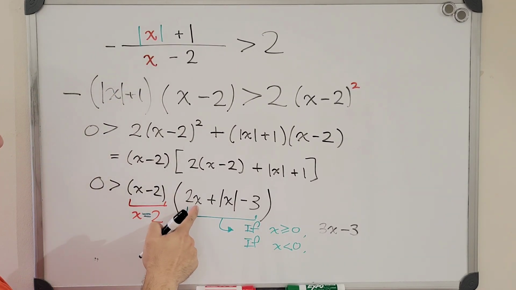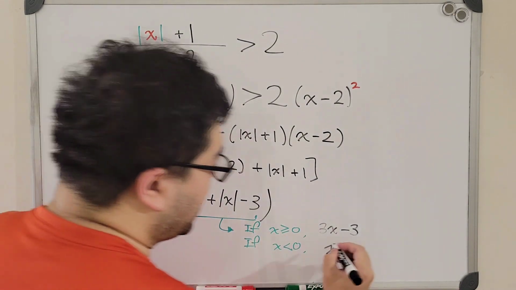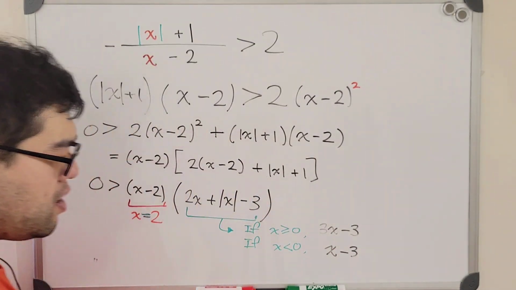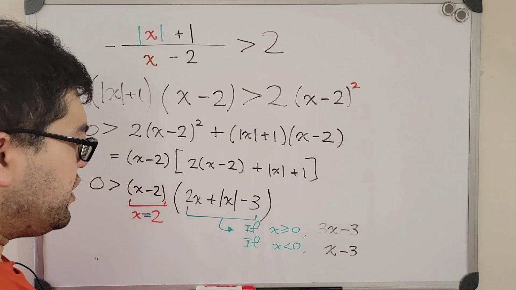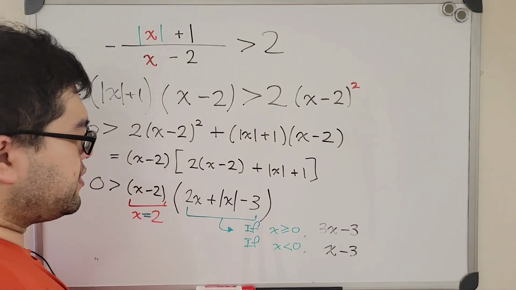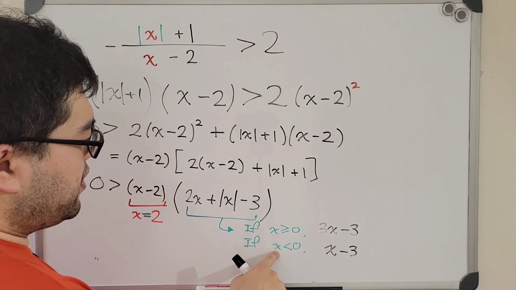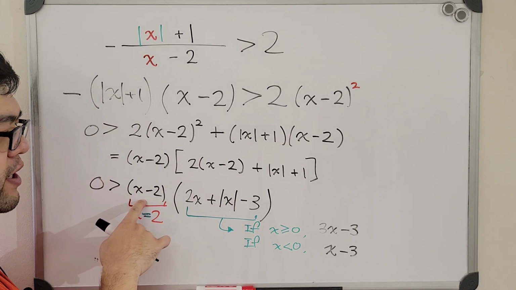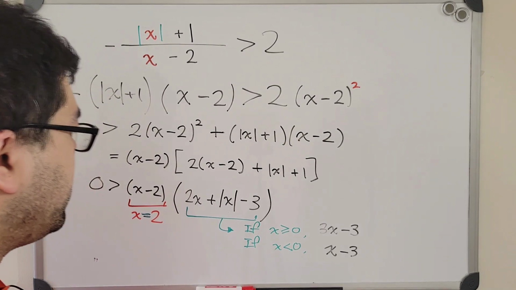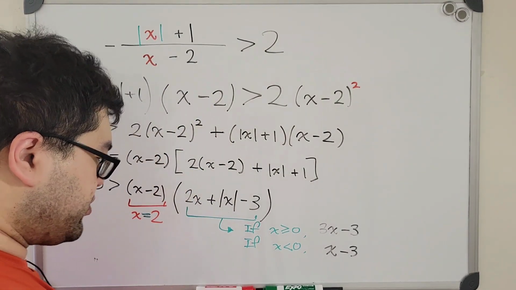So we get 2x minus x, which gives us 1 copy of x left, minus 3. But what does that do? Well, here comes the problem. Because now we're saying that when we have two different cases, we need to compare with this case here. So let's try to bring it up on top and then finalize our solution.